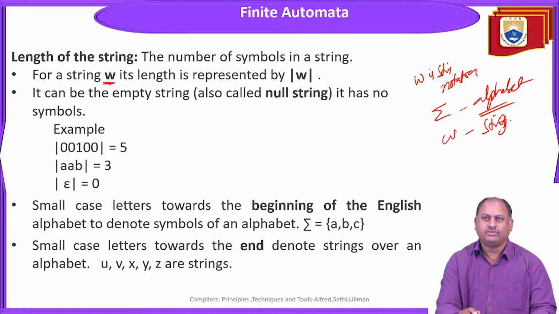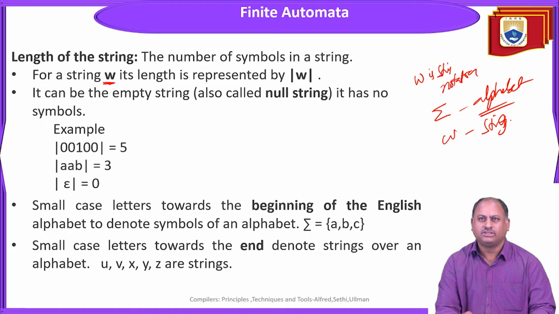So, for example, if the string contains XY, generally we want to find out the length of the string, that is, how many symbols there are in the given string. The length of the string is denoted by absolute value, mod of xy. It indicates the number of symbols available in the string.